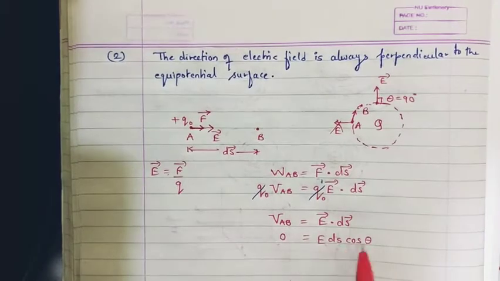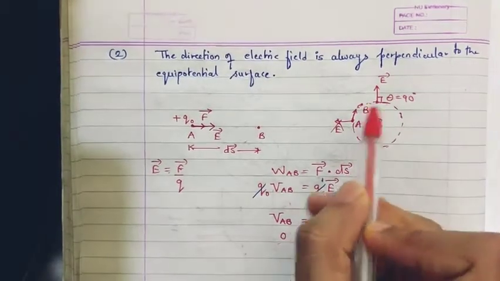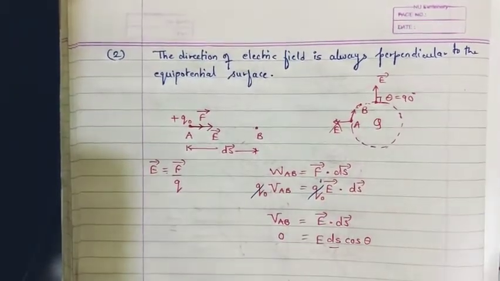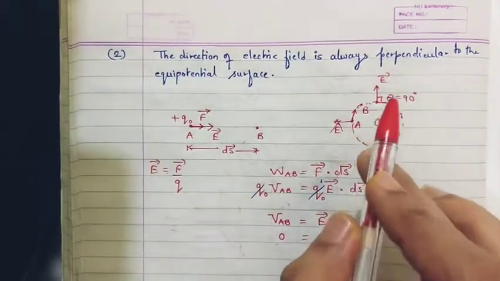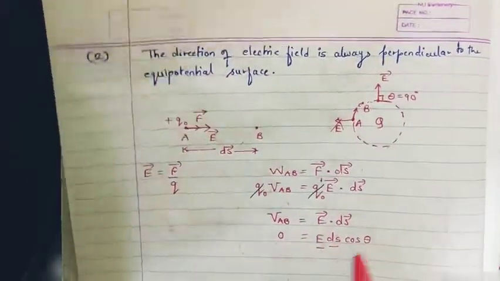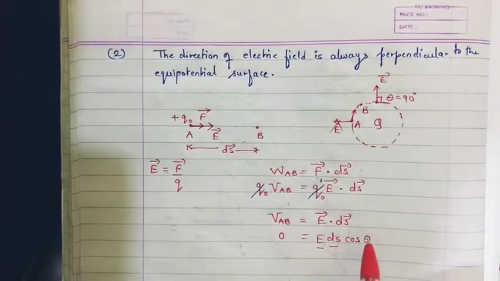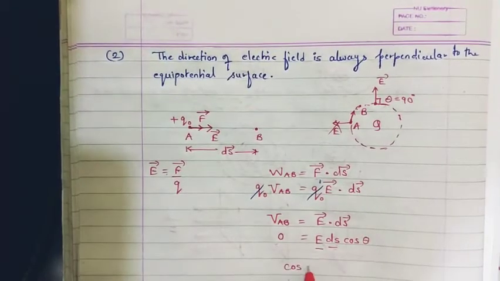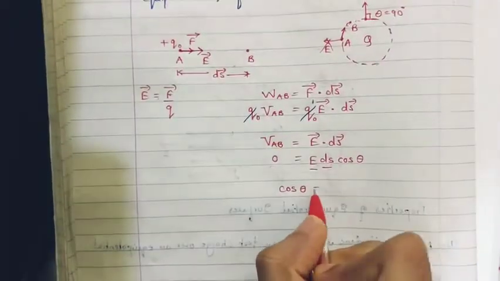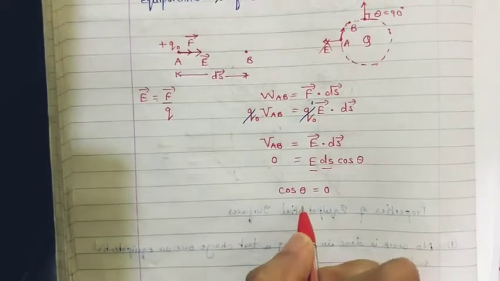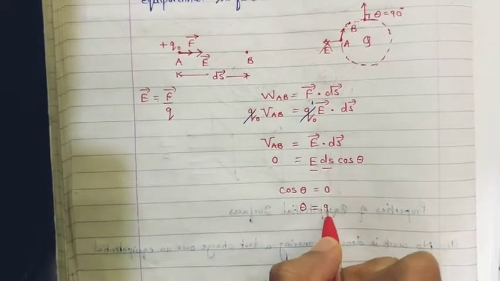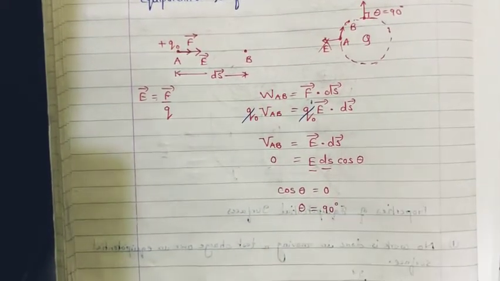So if you look at the expression, our charge is moving, so displacement is not going to be 0. Electric field is present at every point around the charge, so electric field is also not going to be 0. So what can be 0 is cos of theta. That simply means that this theta has to compulsorily be 90 degrees.